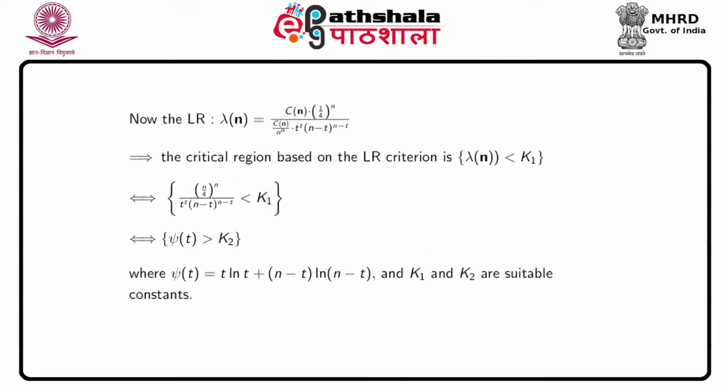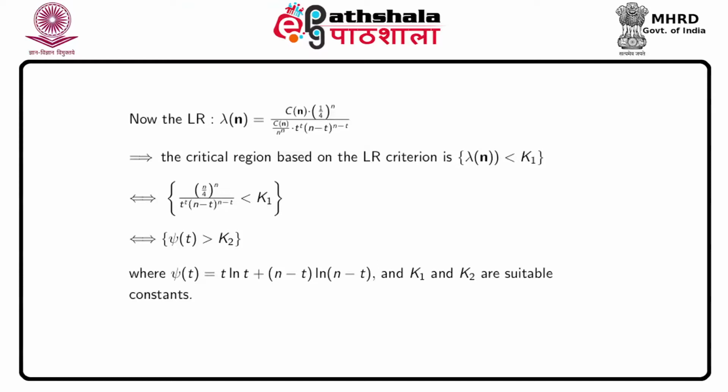Now the likelihood ratio criterion lambda of n curl will be the function C of n curl times 1 by 4 to the power n, divided by C of n curl by n to the power n times T to the power T times n minus T to the power n minus T. This implies the critical region based on the LR criterion will be lambda of n curl less than some k1, which is equivalent to saying n by 4 to the power n by T to the power T times n minus T to the power n minus T is less than k1.